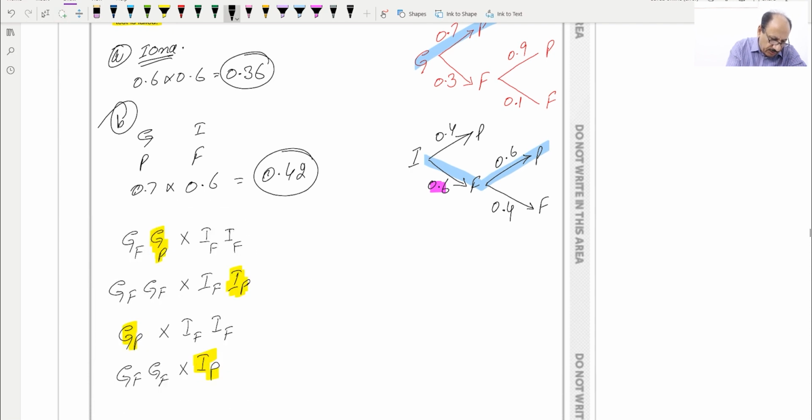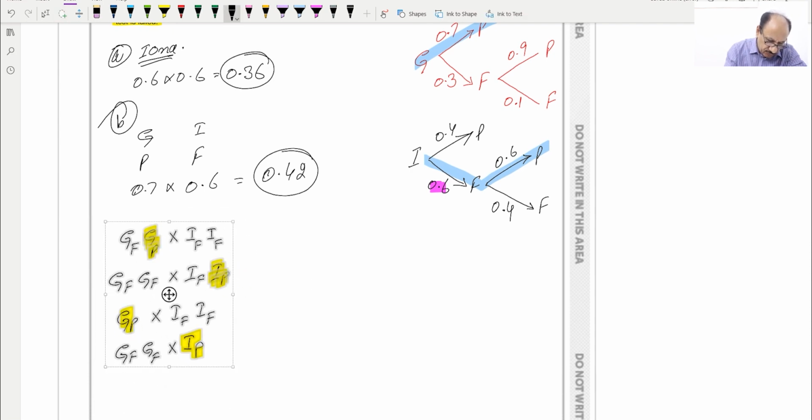and we have to write the probabilities for all these four options. For example, here we can write their probabilities. Gina fail probability is 0.3, which we have taken from here. And then Gina pass probability is 0.9.